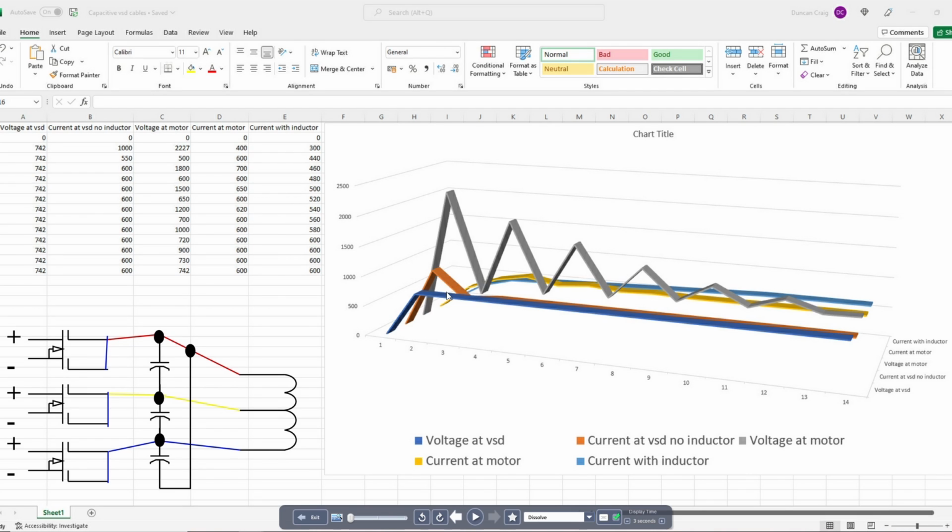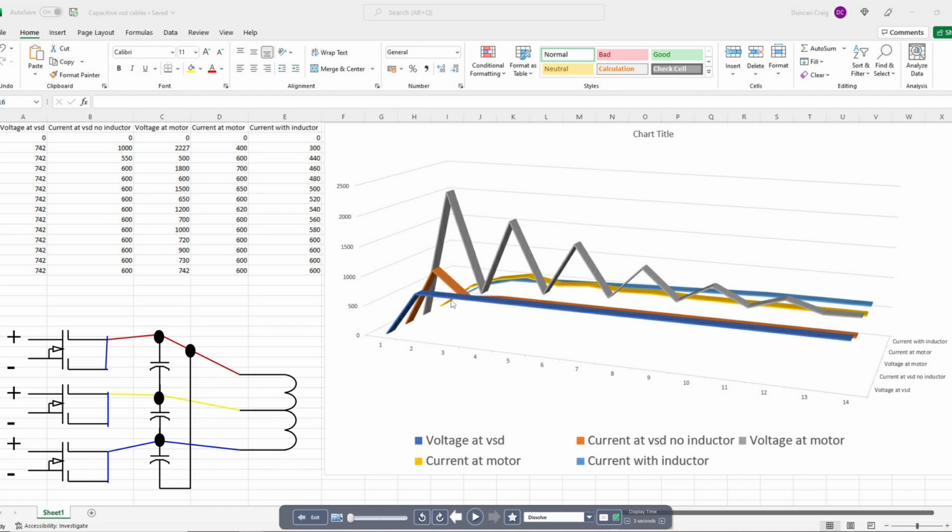Now, if you have inductance at your output, look at that light blue line, that's the one right at the back. That's what's going to happen to your current. It's going to gradually come up and it's not going to overshoot. So look at the difference between that line and that line of your current.